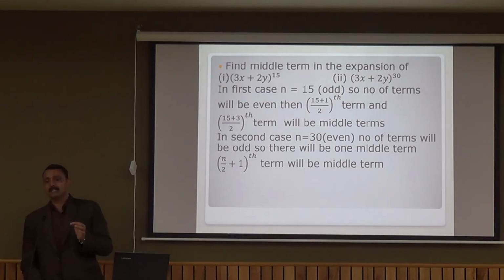First of all, we write the general term: T(r+1) = nCr x^(n-r) a^r. One thing is very important. Whenever you are finding the coefficient of any term, you have to arrange that term at a particular place. Suppose we are finding the coefficient of x^6, then x should be at only one place. Whatever the power of x is, if we are finding the coefficient of x^6, we put that power equal to 6 and we get the value of r.